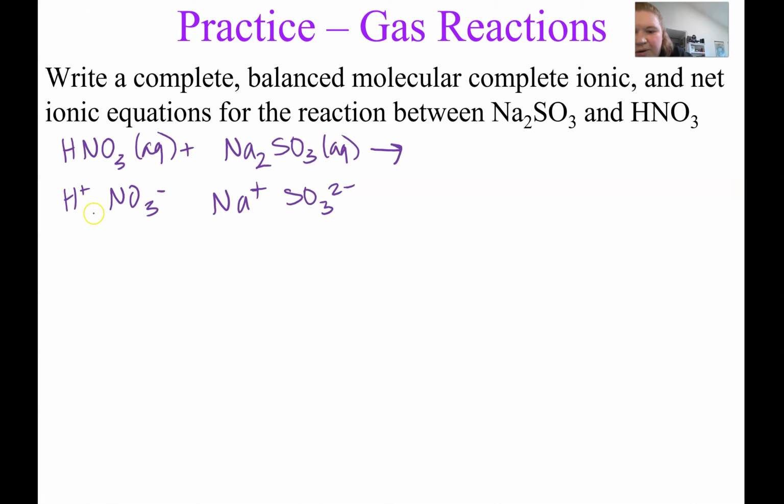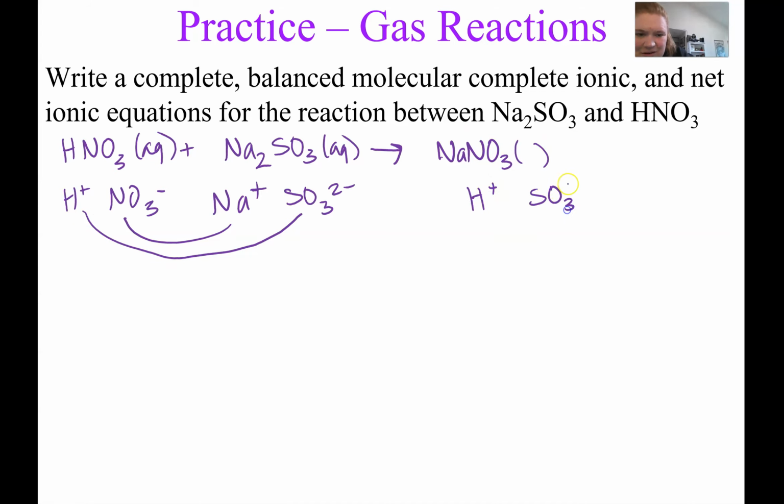I swap their partners. So Na goes with NO3. It's a 1 and 1 for their charge, so they're already balanced. And H goes with SO3, excuse me. And I have that 2 there, so it becomes H2SO3.